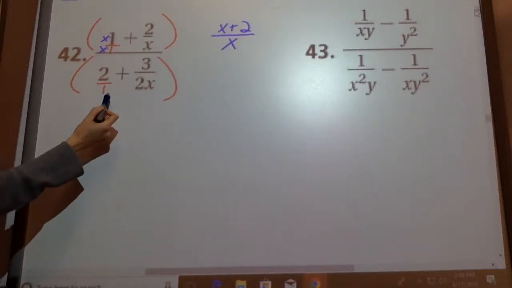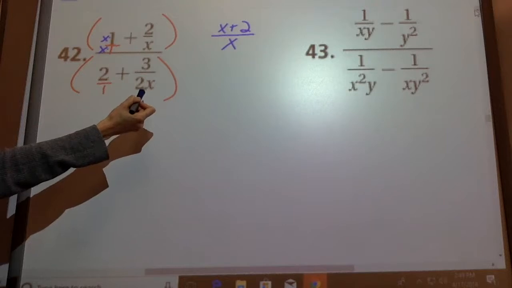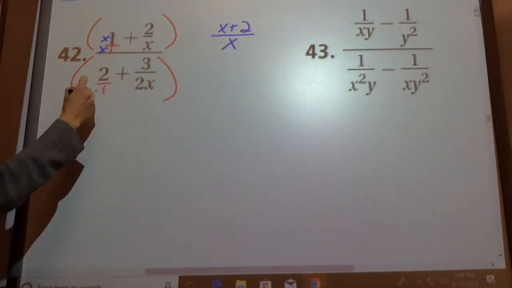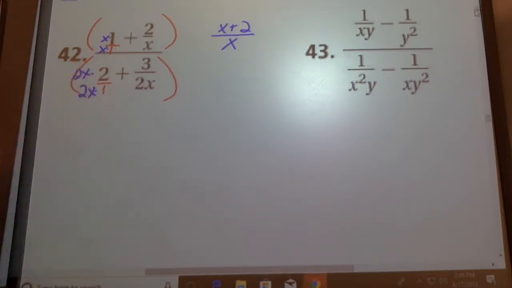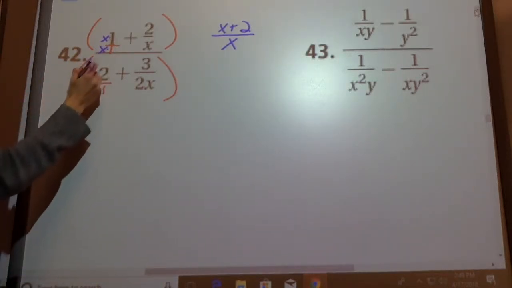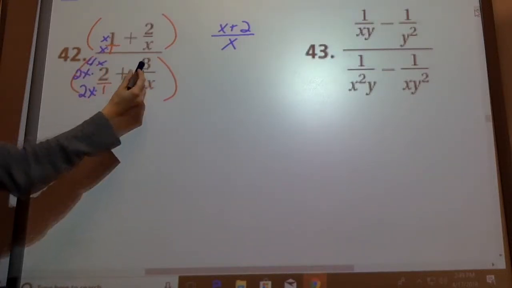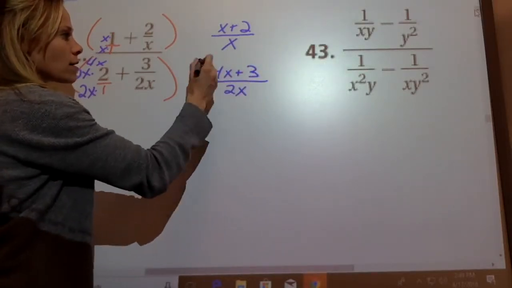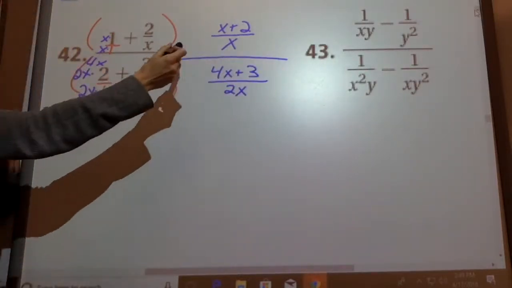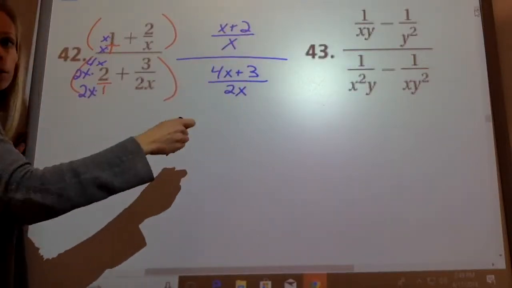Okay, same thing here. What's going to be my common denominator between 1 and 2x? 2x. So I multiply the bottom times 2x, the top times 2x. So this becomes 4x if I multiply it together. So 4x plus 3 on top over 2x. Now I have a single fraction on top, 1 fraction on the bottom. Now I can flip and multiply.